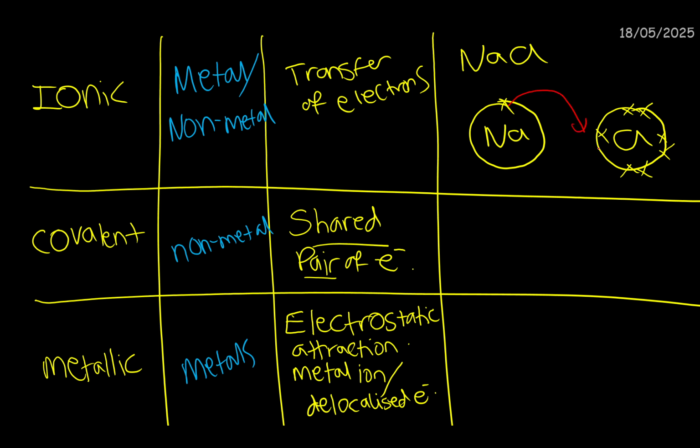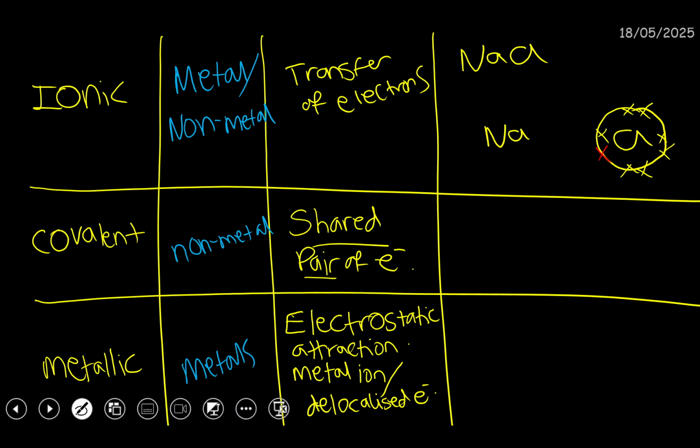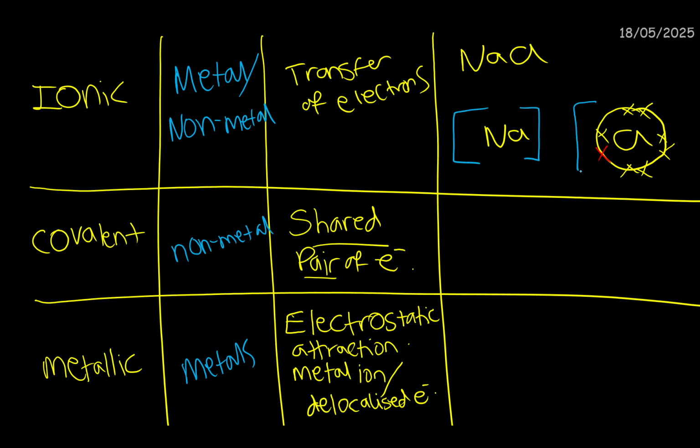Yes, so Na loses it and it goes there, like this. Now, once we've done this, what do we need to do, anyone? Square brackets. And then we need to put the charge. So if Na's lost it, what charge is it? +1, and Cl is going to be -1.